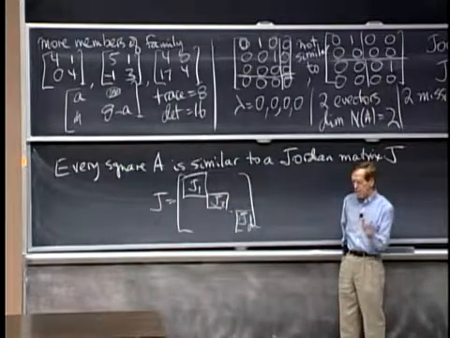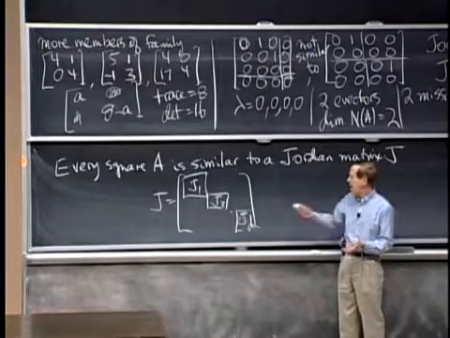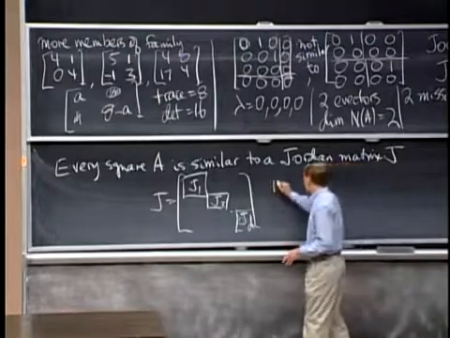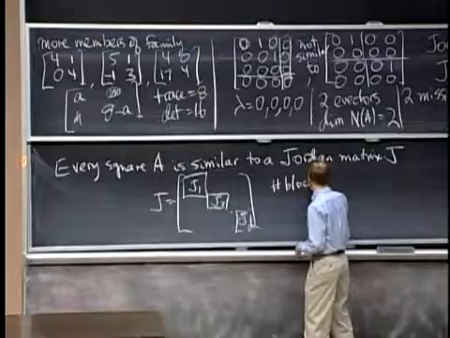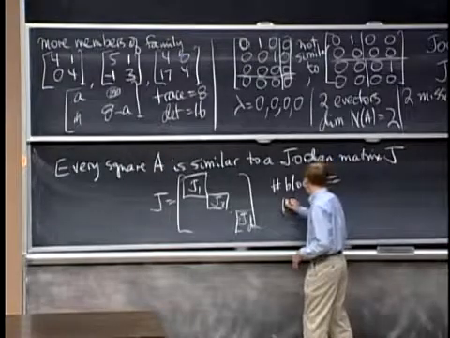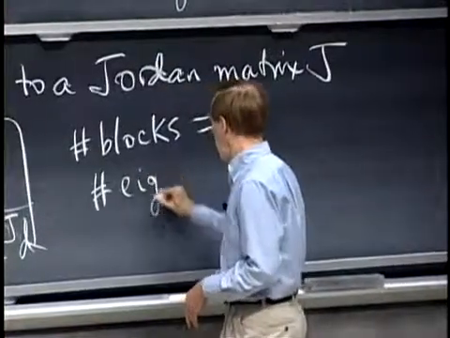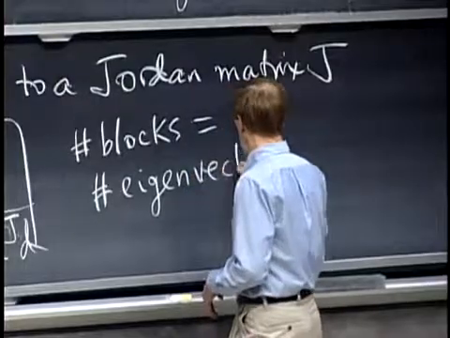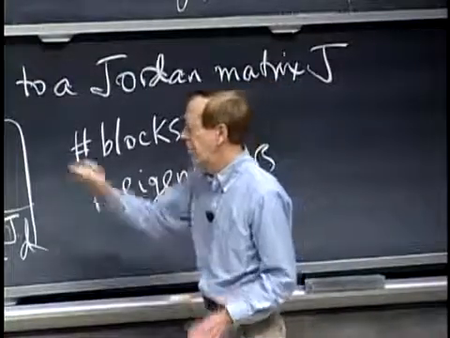The number of blocks is the number of eigenvectors, because we get one eigenvector per block.